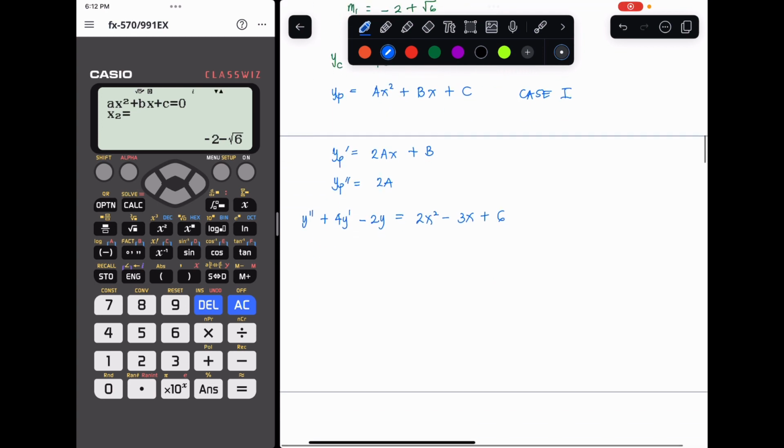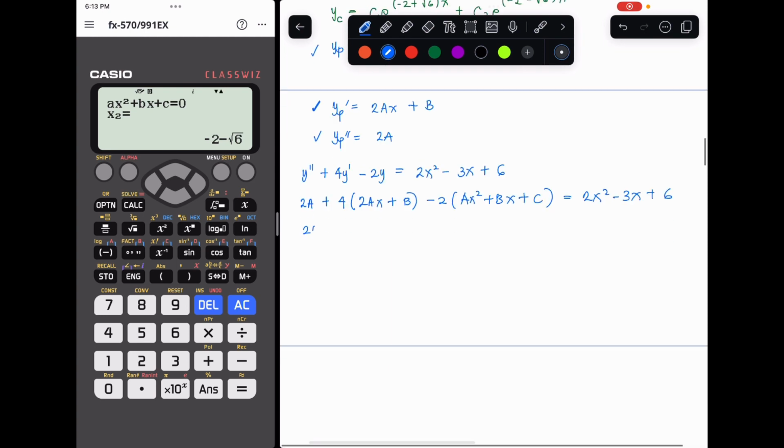We substitute y double prime, which is 2a, then plus 4 times y prime, which is 2ax plus b, and then minus 2 times y, which is ax squared plus bx plus c, equals 2x squared minus 3x plus 6.